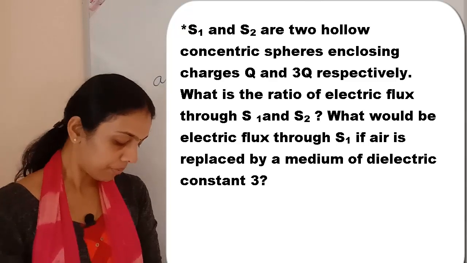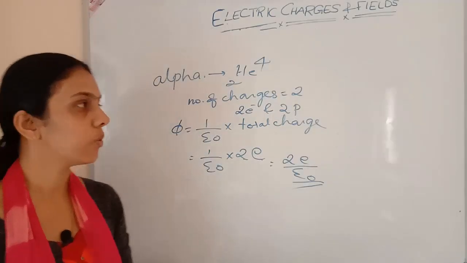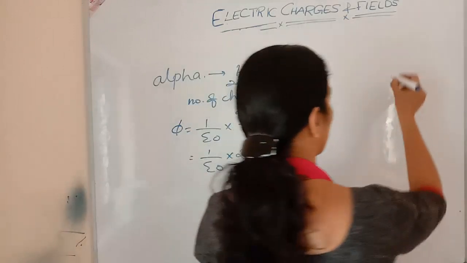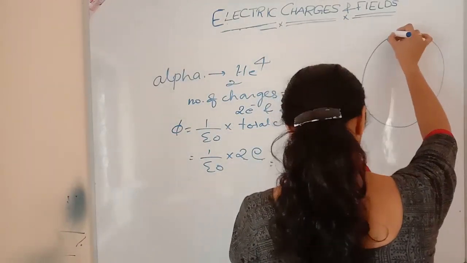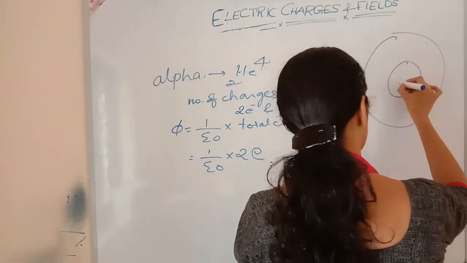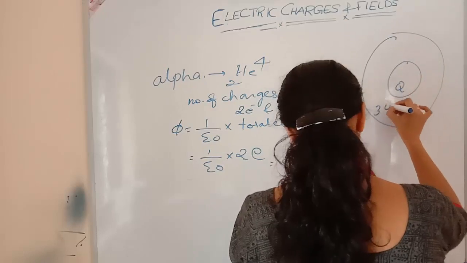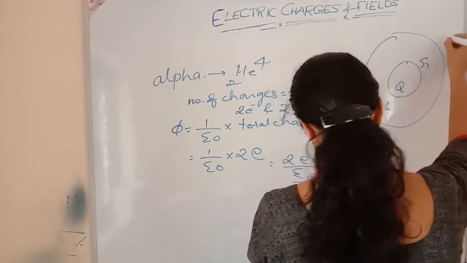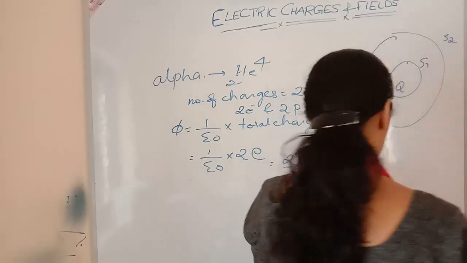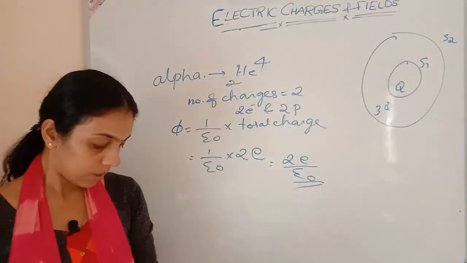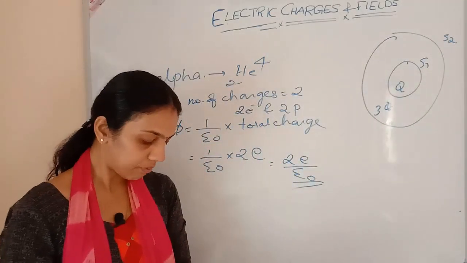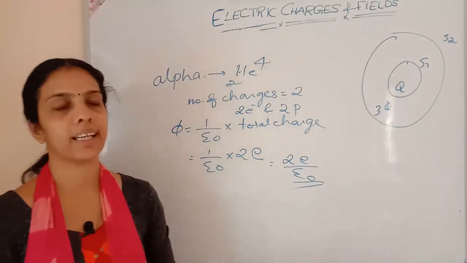So first I will draw the diagram which is given over here. This is Q, and this is 3Q, S1 and S2. First we should find out the ratio of electric flux through S1 and S2.